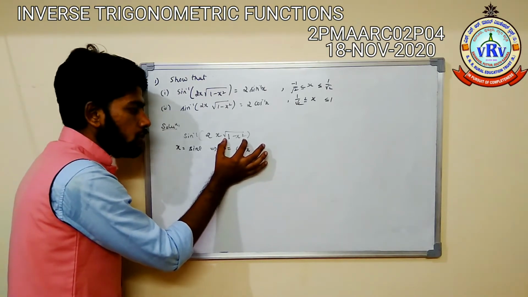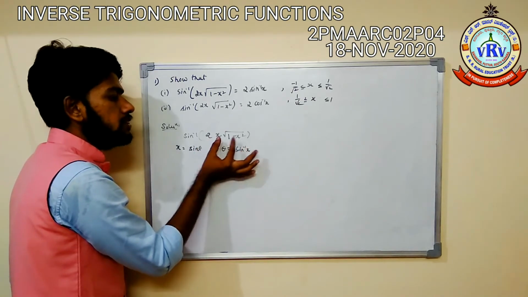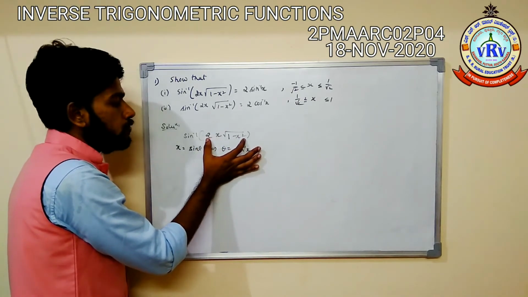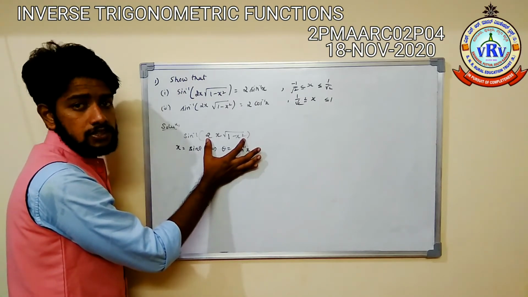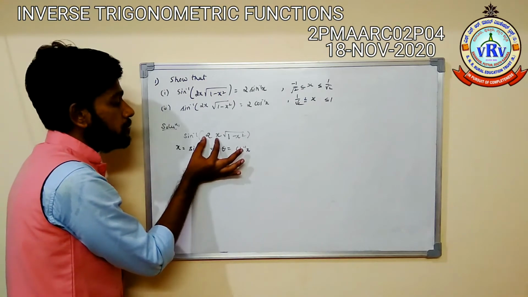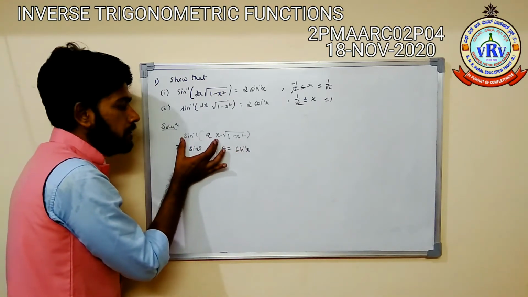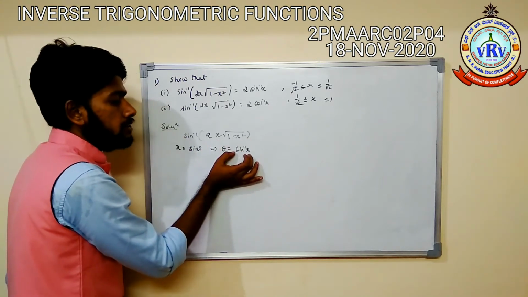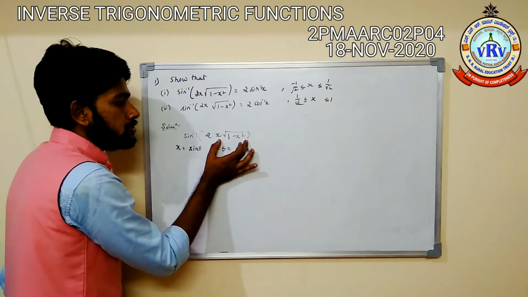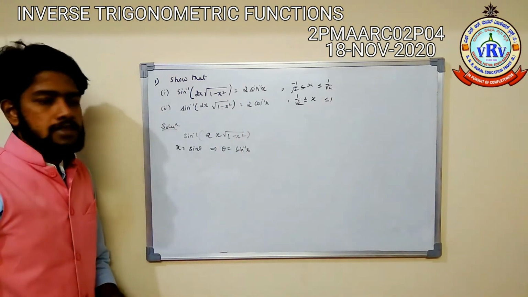With x as sine theta, here I get 2 sine theta cos theta. So we have the formula 2 sine theta cos theta is nothing but sine 2 theta. So I get sine inverse of sine 2 theta, it becomes the identical function, it becomes 2 theta, and theta is sine inverse of x. That is 2 sine inverse of x that we get if I substitute x as sine theta.